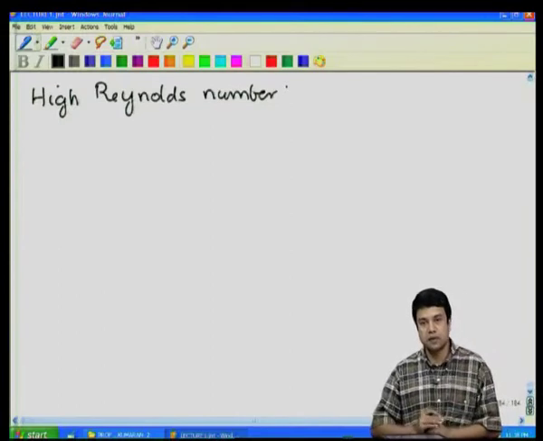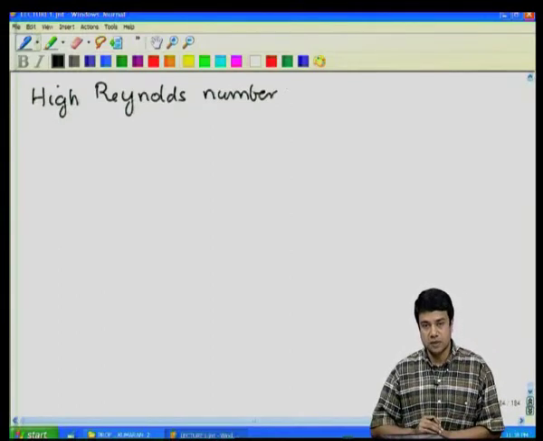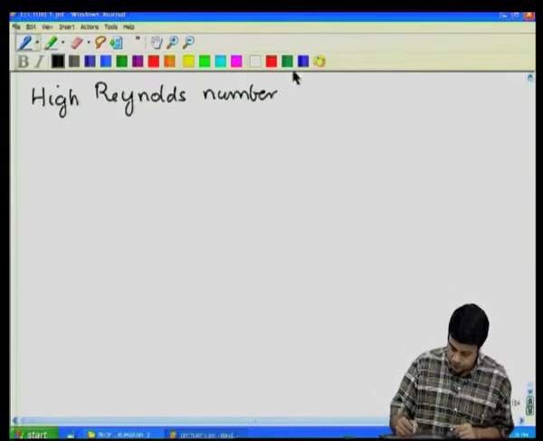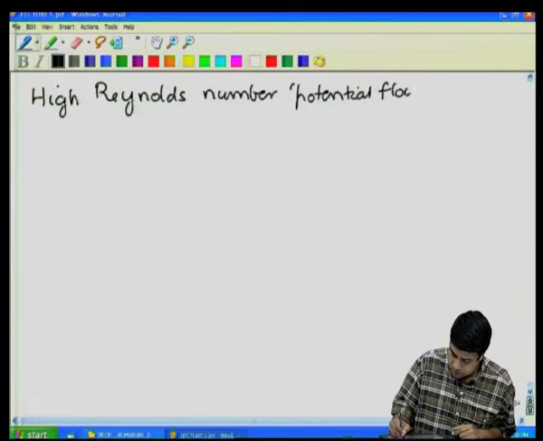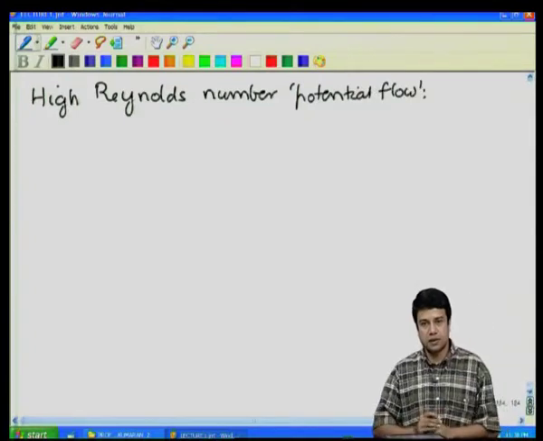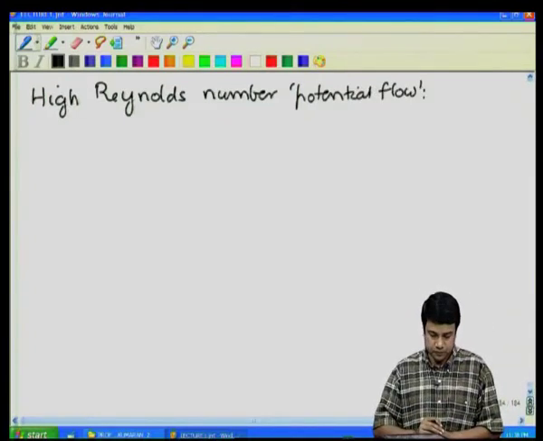High Reynolds number, what we will call potential flows. High Reynolds number potential flow.